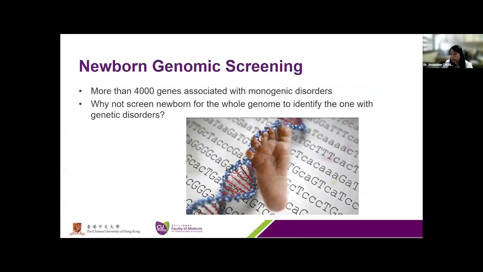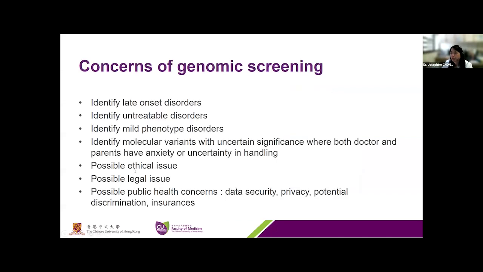So there are advocates asking why not screen the newborn with whole genomic screening so that we may identify the ones with a genetic disorder earlier on. And actually, this may involve a lot of different concerns. For genomic screening, because the testing is too powerful, in one single sequencing you can sequence a lot of genes.